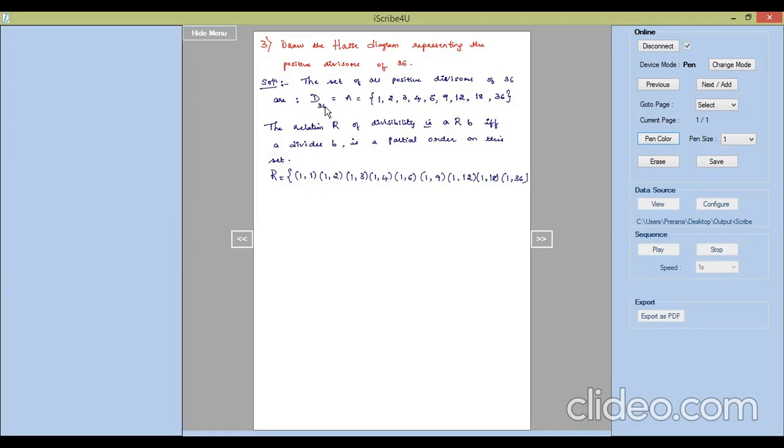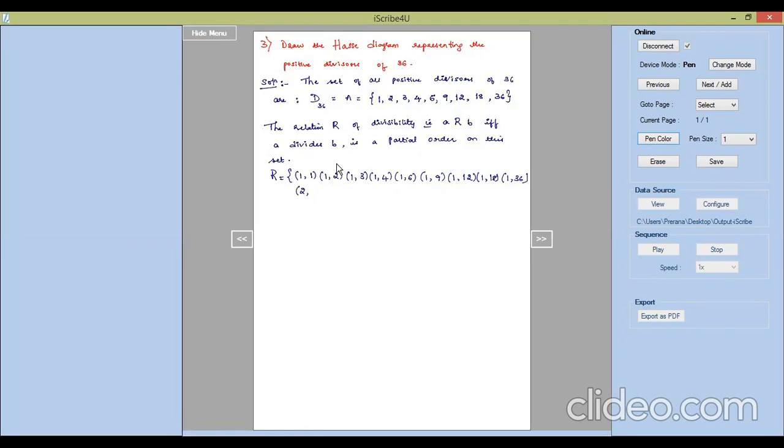Then with 2, based on the divisibility condition A divides B, how can I write that down? I cannot write 2 comma 1 because 2 does not divide 1. 1 divided by 2 is not an integer, so we don't write 2 comma 1.